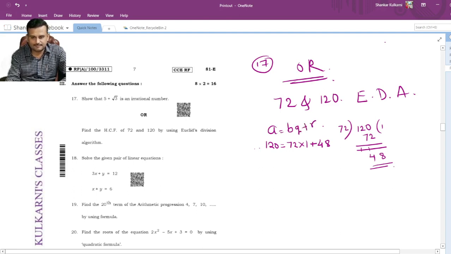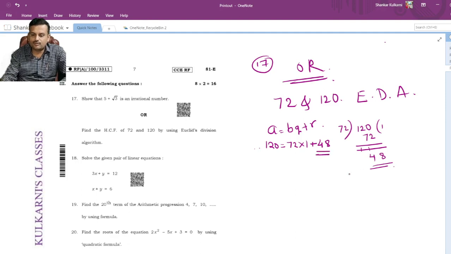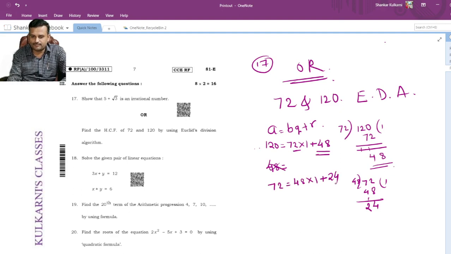Now see here, this number 72 should be divided by 48. 48 ones are 48, subtract it, we get 24. Okay, so now how can you write it? 72 is equal to 48 into 1 plus 24.